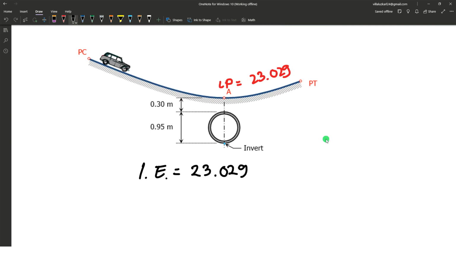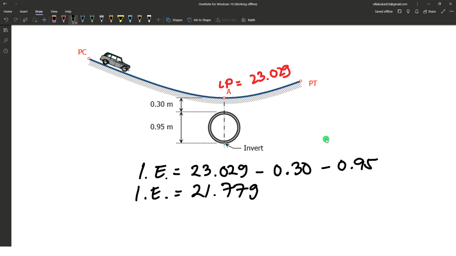Just subtract this vertical distance, 0.3 and 0.55. So after subtracting, we have an invert elevation of 21.779 meters. That's your final answer.